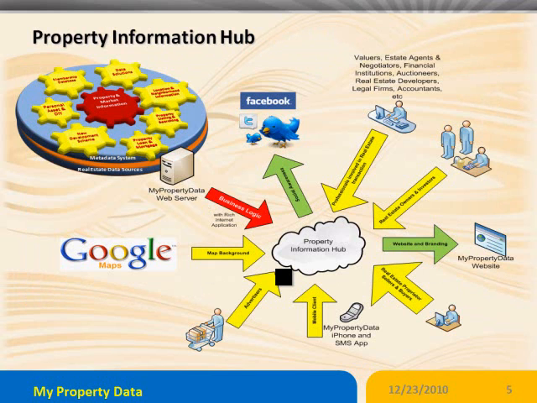This diagram here shows that data that comes from the property market industry, relating to new developments, property market, and sales transactions, will come into our system, and MyPropertyData will then interface to a number of users, such as people on the social networking sites, valuers, estate agents, finance institutions, developers, estate owners, websites and website branding, real estate proprietors, sellers and buyers, mobile phone users, advertisers, and who can forget Google, so that we can use their map backdrop to provide a reference point for all property information transactions.